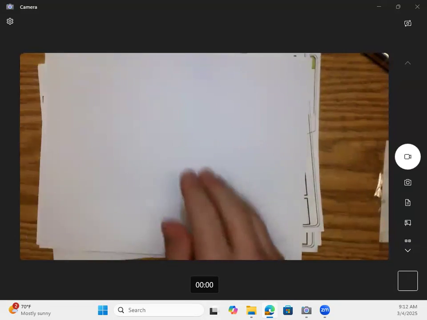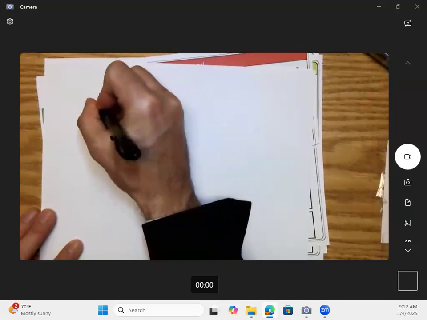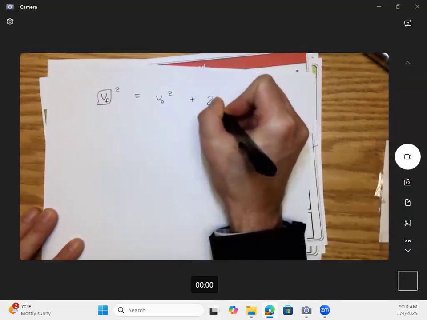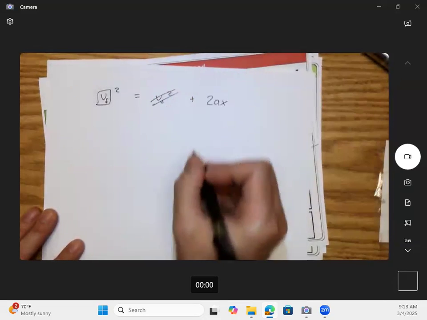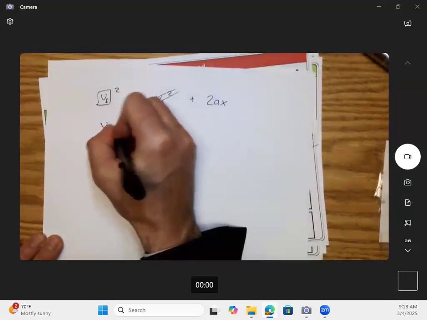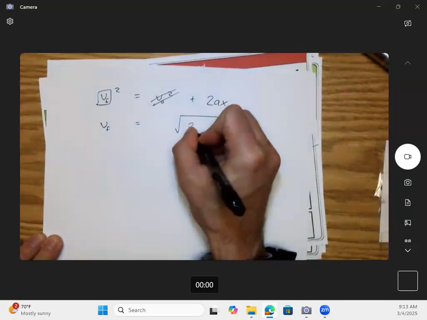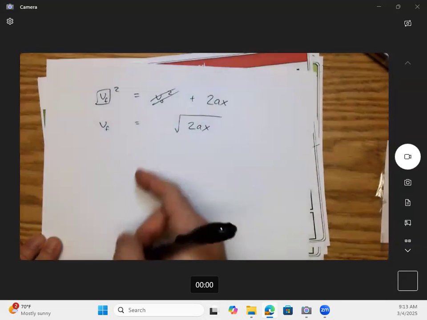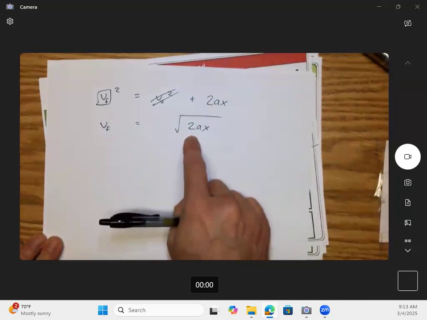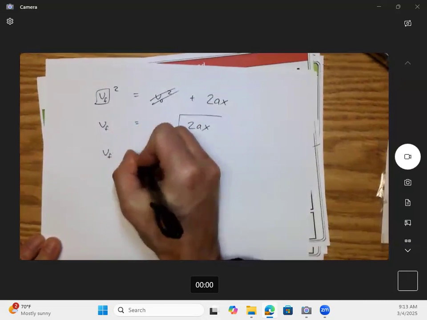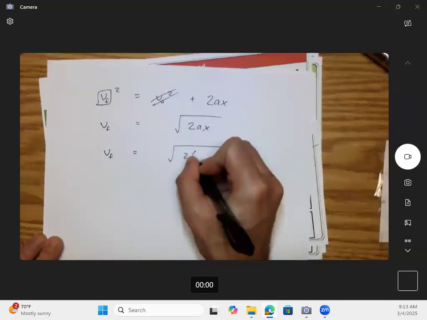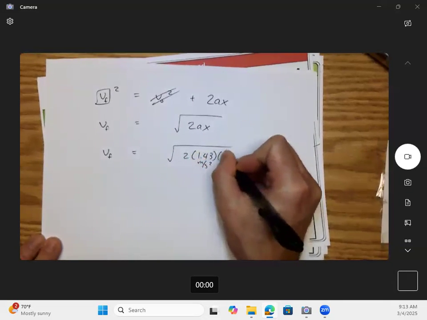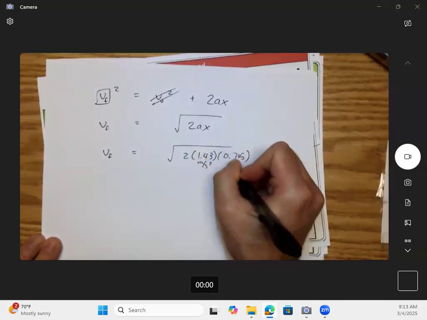So let's try that. Final velocity squared equals initial velocity squared plus 2ax. Starts from rest, that goes away. So in terms of variables, it would look like this. That's the general solution in terms of variables. It looks a lot like square root 2gh, except it's not the full g. So square root, I got 1.43 meters per second squared, 0.715 meters.